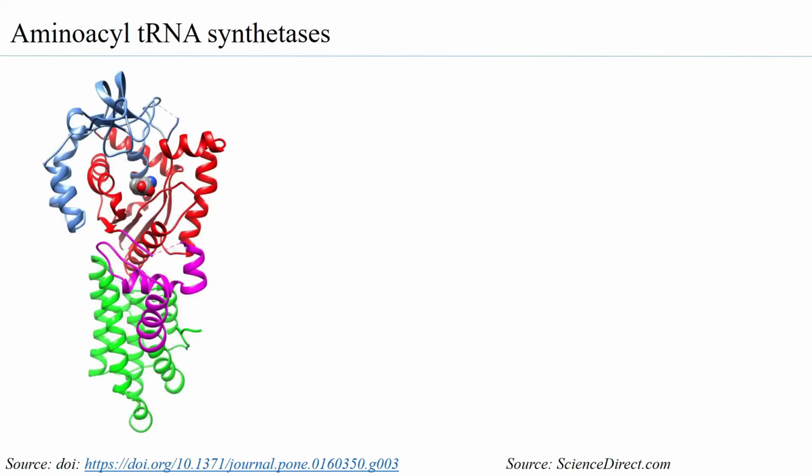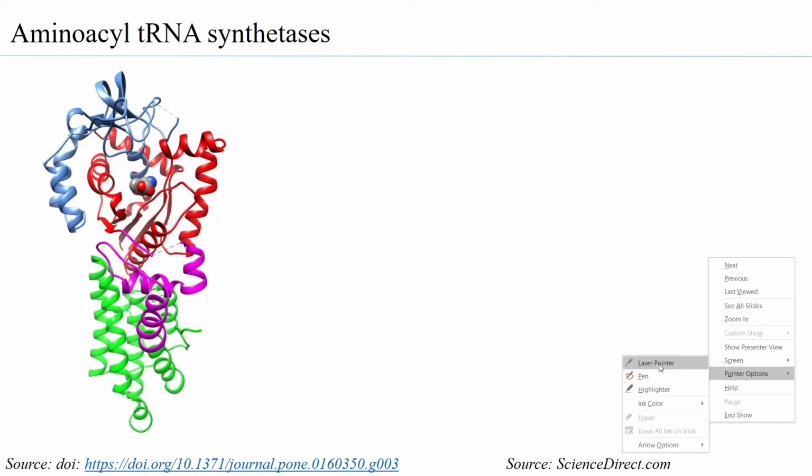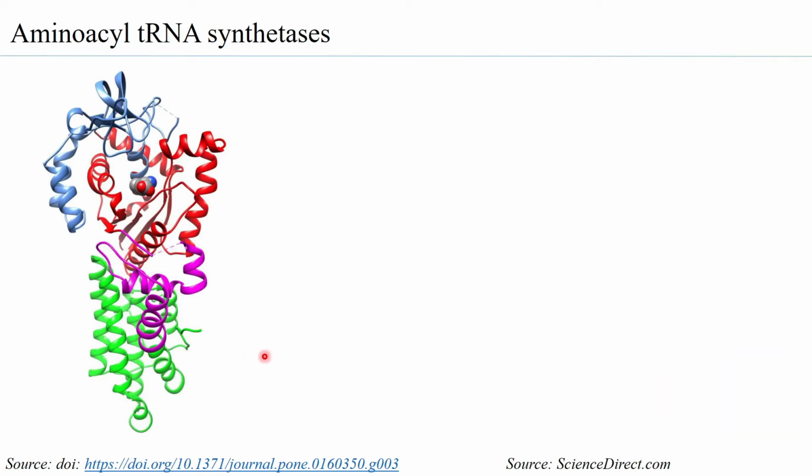Now let us look at the structure of the aminoacyl-tRNA synthetase. As one can observe, it has several different domains. One of the most important domains is called a Rossmann fold, which is in red, and is responsible for the catalysis, the charging of the tRNA.